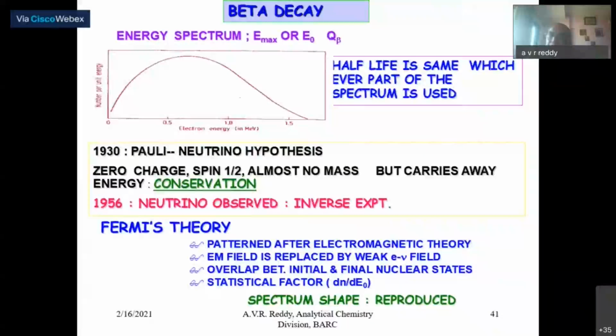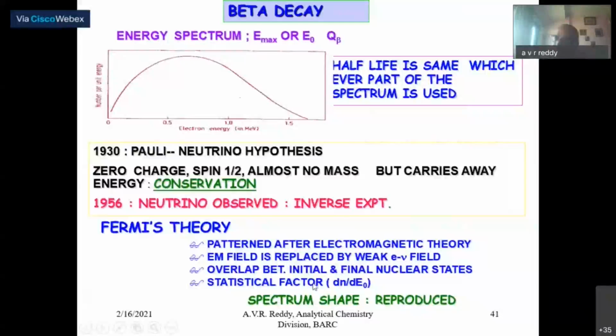An electromagnetic field is replaced by a weak electron and neutrino field, and overlap between initial and final nuclear states, that is, the parent and daughter nuclear states, was considered, and a statistical factor was considered, and they derived a relation. The statistical factor is directly related to the intensity here, and they could reproduce the spectrum shape. Since the spectrum shape is reproduced, the hypothesis of the neutrino was accepted, and this theory also was accepted.